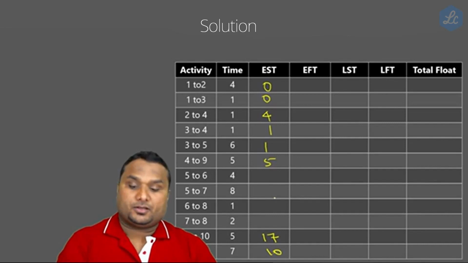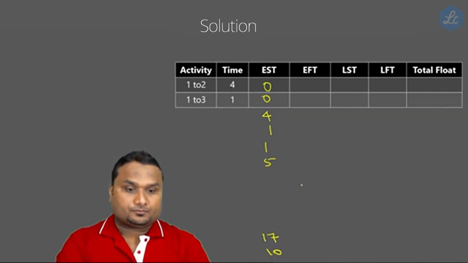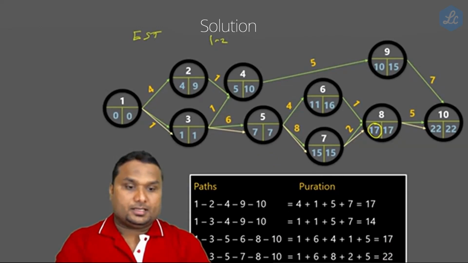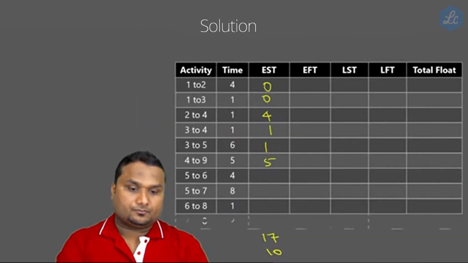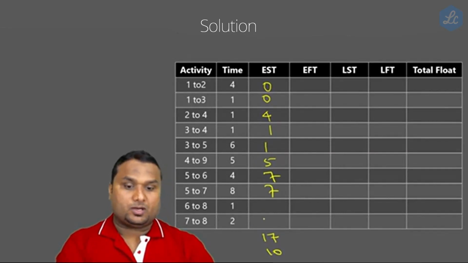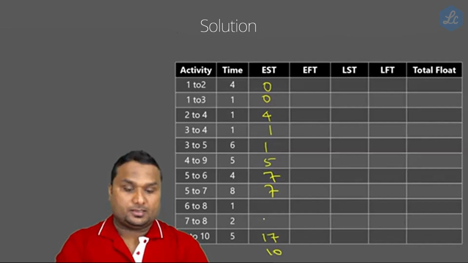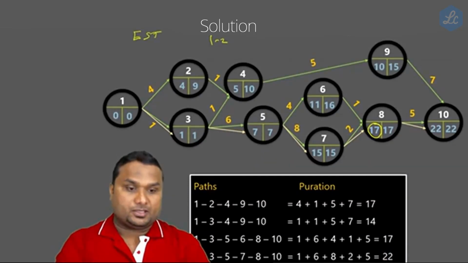5 to 6, 5 to 7. What is the starting point of 5? It is 7. And what is 6 to 8, 7 to 8? 6 to 8 means the starting point is 6, and 7 to 8 means the starting point is 15.